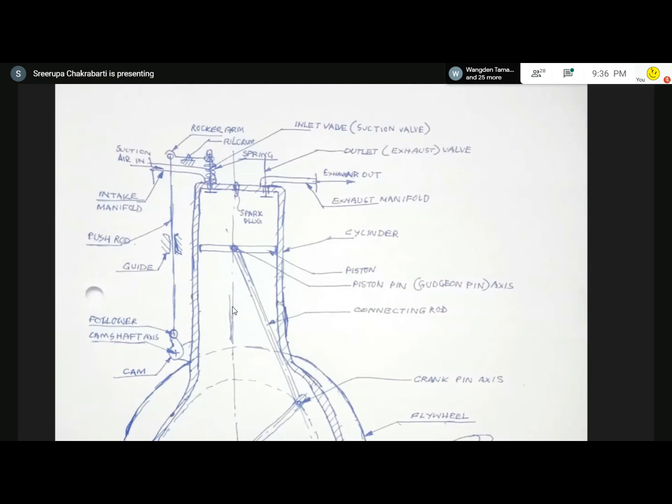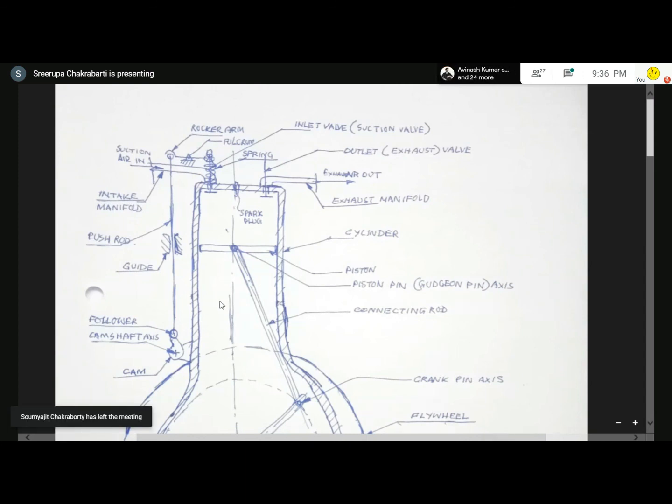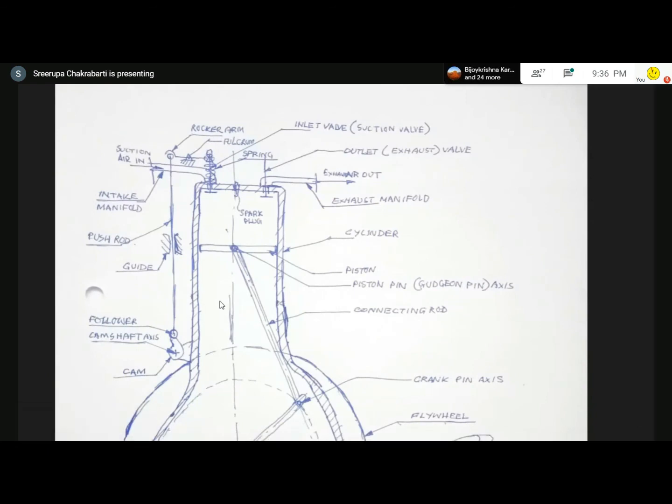Then when the piston starts its upward journey, the compression stroke, the gas which was coming down does not know that the piston has started its upward journey. The gas was coming down, and with its inertia it continues.